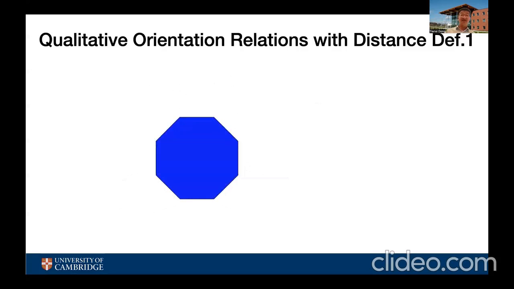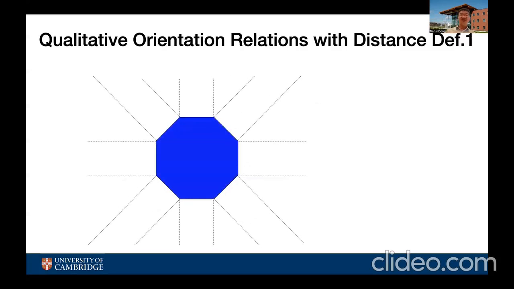Okay, this is another one. It uses distance definition 1. Then it partitions into front, a bit left, front left, as defined in 99.